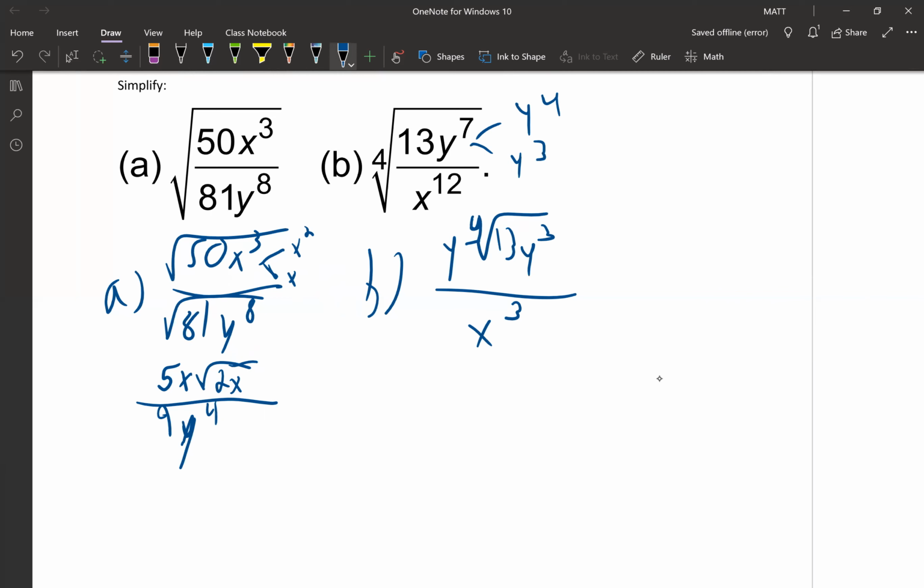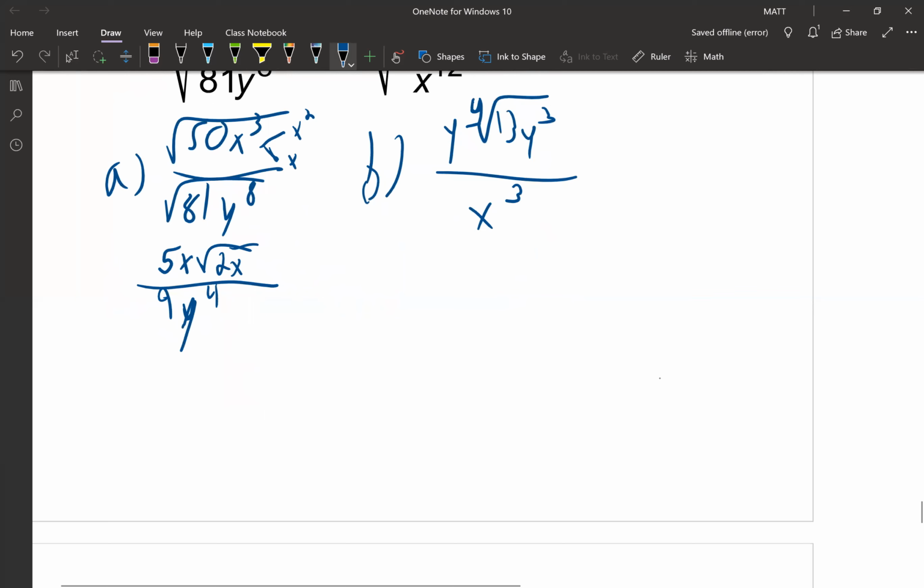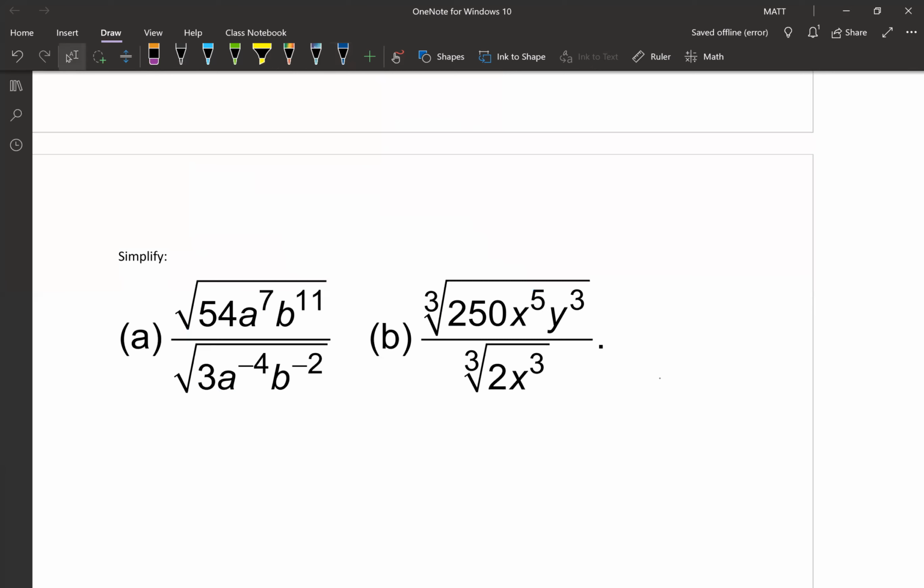Okay, so that takes care of those two problems. We'll move on here. So this one, it looks like we're simplifying again, right? But notice we have the square root on both of them. And I don't really see anything that's maybe that nice that we want to take the square root of.